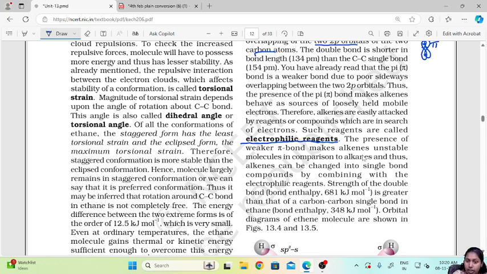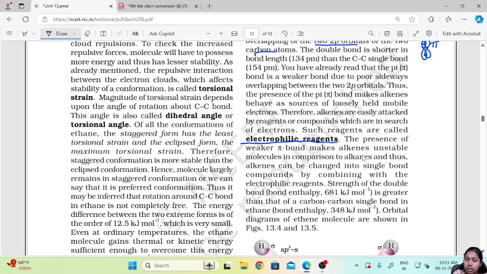Now the presence of the weaker pi bond makes alkenes unstable molecules in comparison to alkanes, and thus alkenes can be changed into single bond compounds by combining with the electrophilic reagent. Okay, now what are electrophilic reagents? Electrophilic reagents are electron deficient reagents. So if we add those electron deficient reagents into alkenes, they will directly go and attack the pi bonds and try to obtain the electrons associated with the pi bonds.